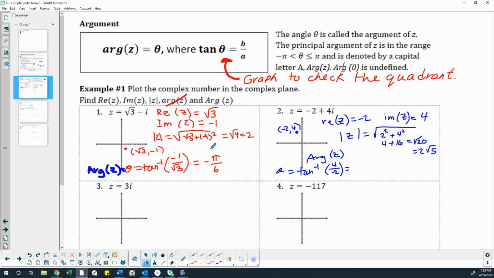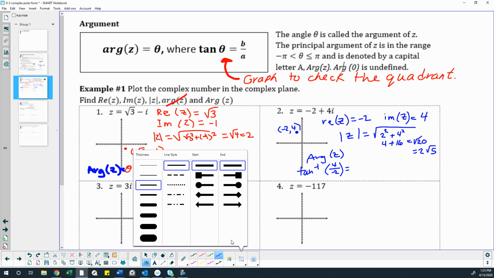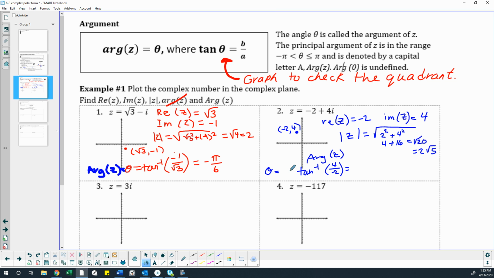Okay, so actually to find theta, don't we need to, since it's second quadrant, and this will give us a fourth quadrant angle, we need to actually, where are we? Theta needs to be pi plus that answer, correct? So on my paper, though, I wrote it as a +2.